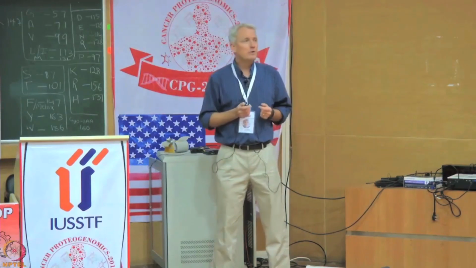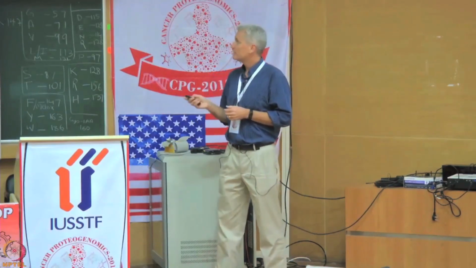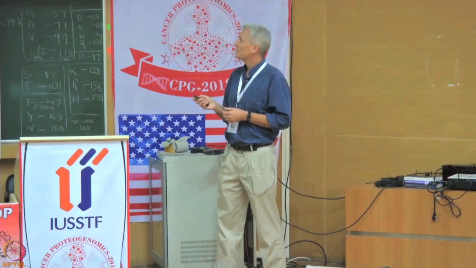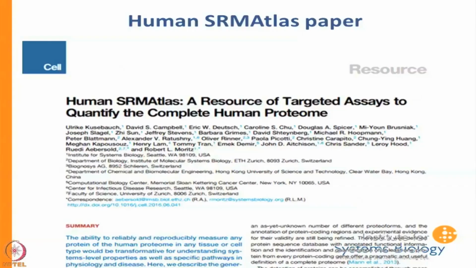And we use a common code base and a common backend database to make these. So I would be remiss if I didn't mention the human SRMAtlas. This was an effort in Rob Moritz's lab to basically cover all the proteins in the then-known proteome.